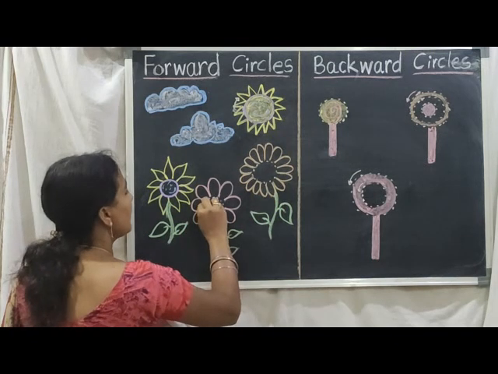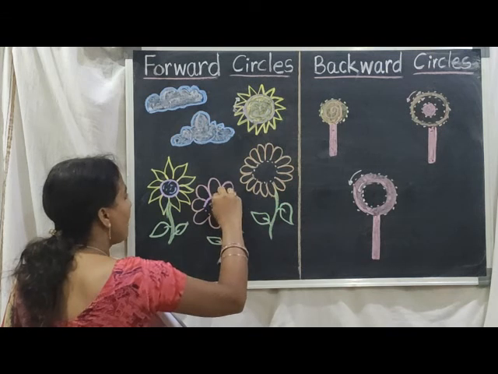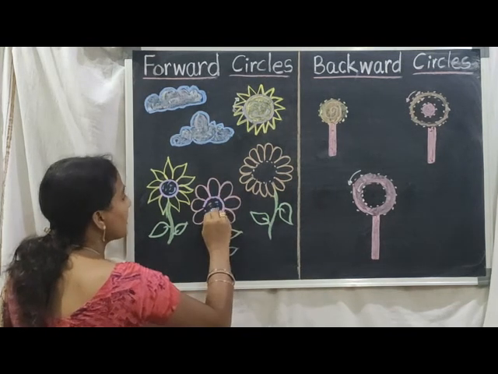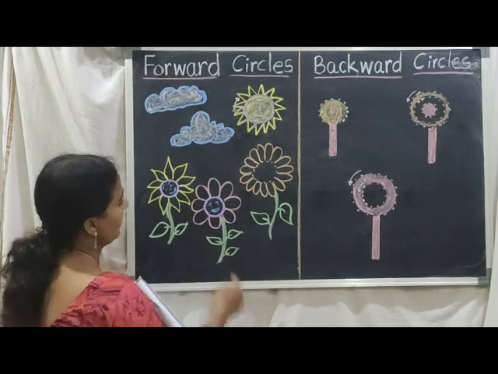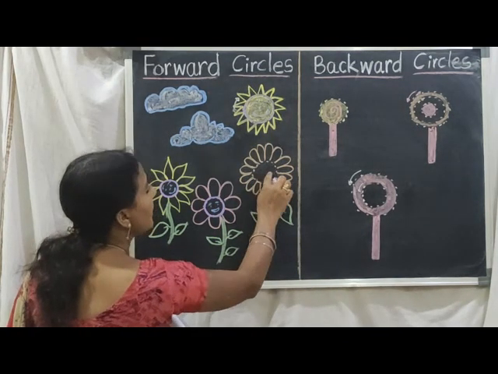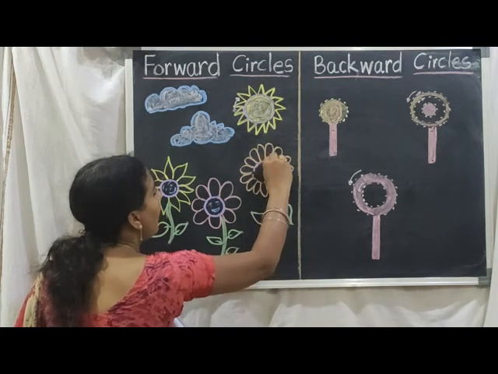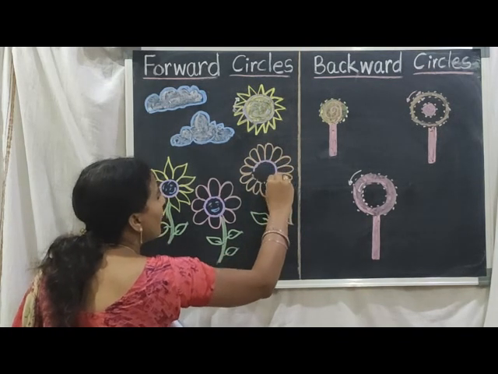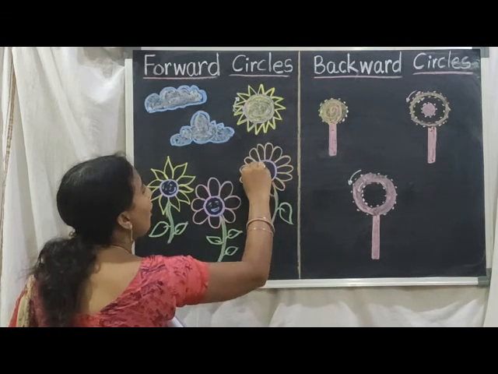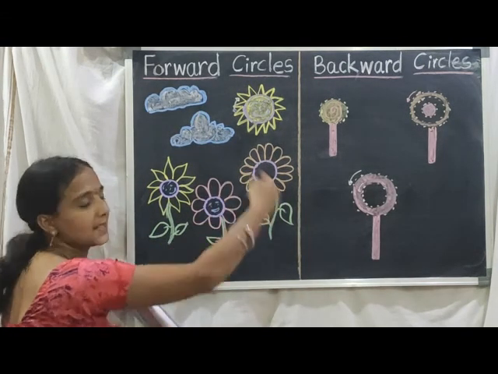It's given in your worksheet. Go up, forward circle. These two completed. Then again we are seeing here the dotted lines. Go up. Like this you write the forward circle.